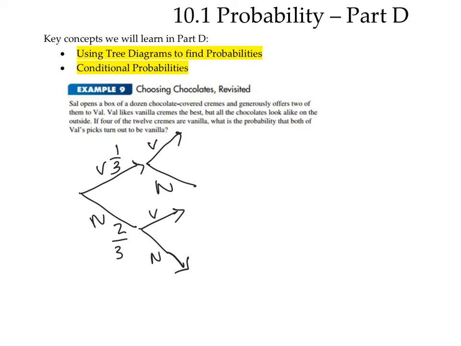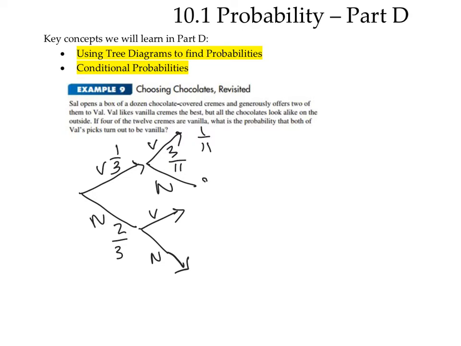The probability of a vanilla cream after you've already got a vanilla cream: we've removed one of the 4 vanilla creams, so there are 3 of the remaining 11 that are vanilla creams. So this probability is 3/11, which we got before. A non-vanilla cream, there are 8 non-vanilla creams left among the 11.